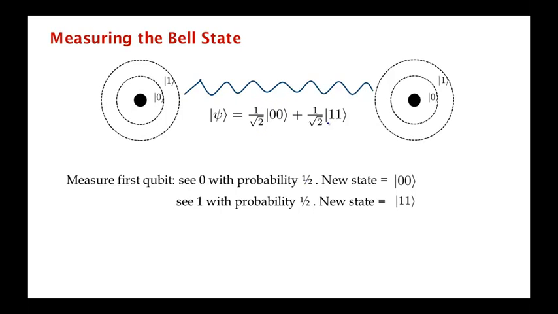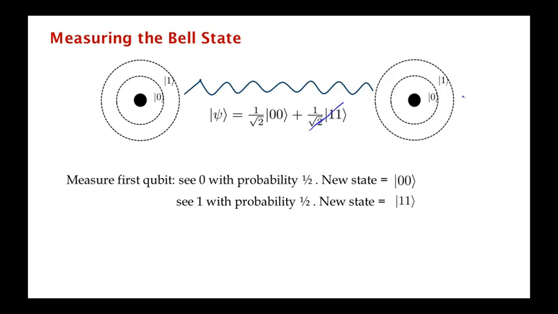They tell us that if you see a 0, the new state is determined like this: you just cross off the parts of the superposition that are inconsistent with the measurement outcome, and you renormalize. So the new state is 0, 0. On the other hand, if you see a 1, you see that with probability half, and the new state would be 1, 1.